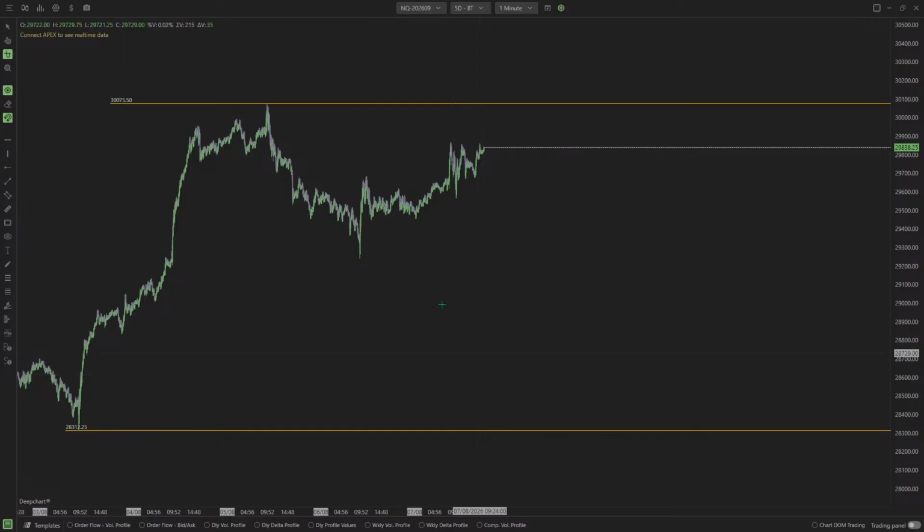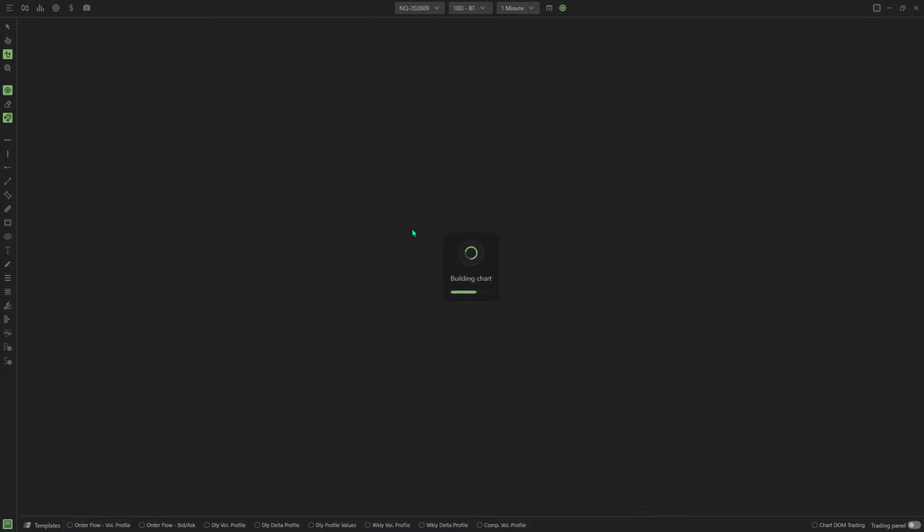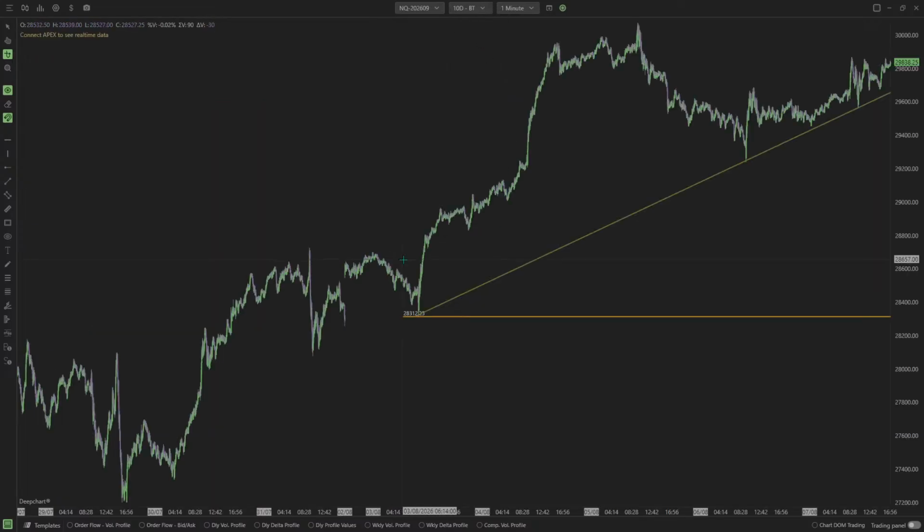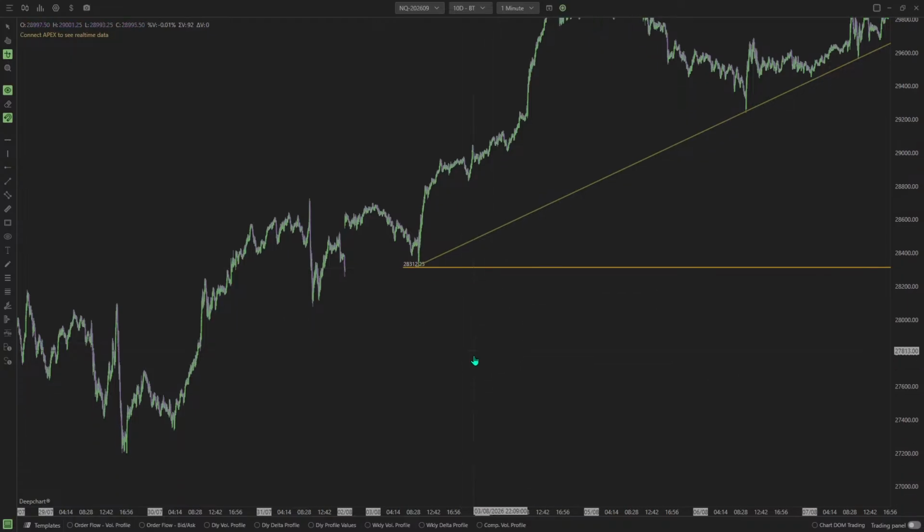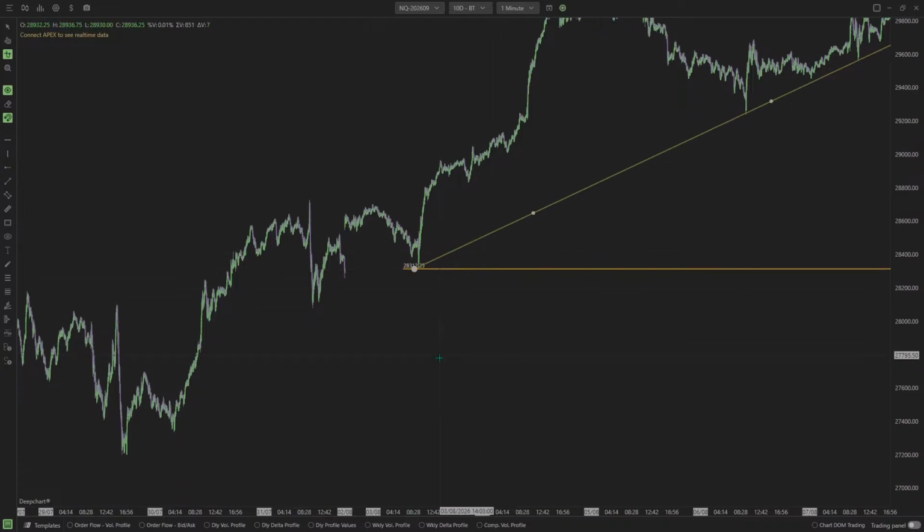All right, so the current bias is long over the last 5 days. Okay, we can make it 10. I like to do this. So now what is the market doing? Oh, even 10 days. Look at that.